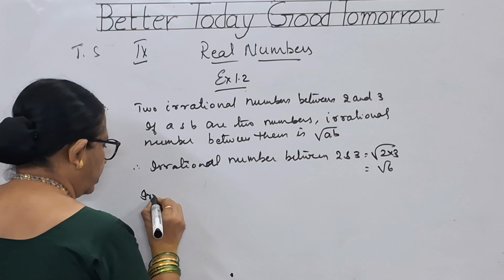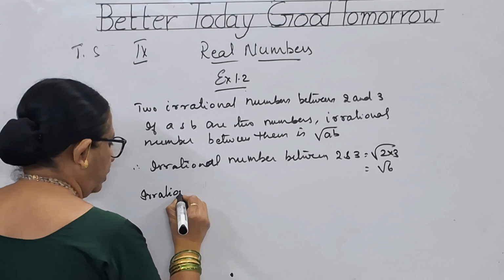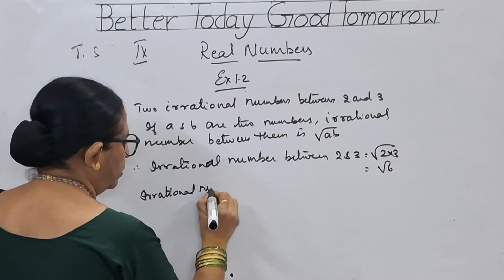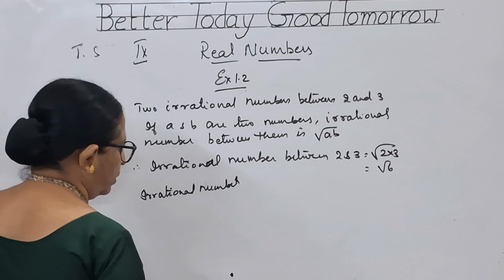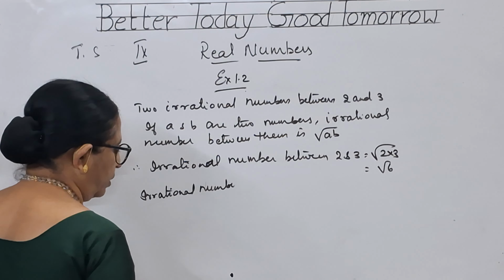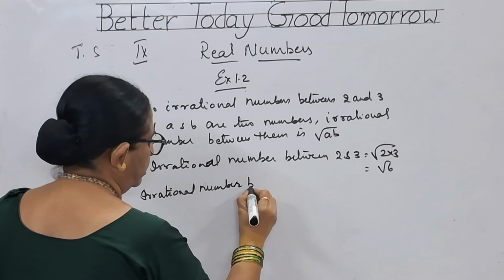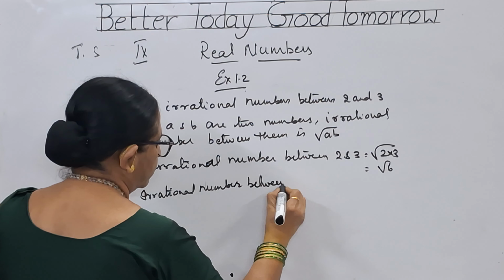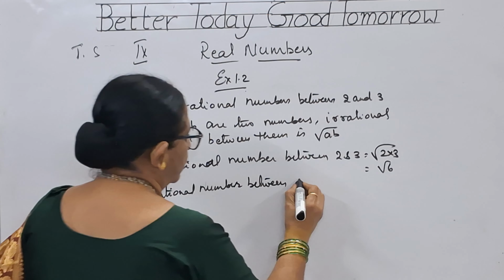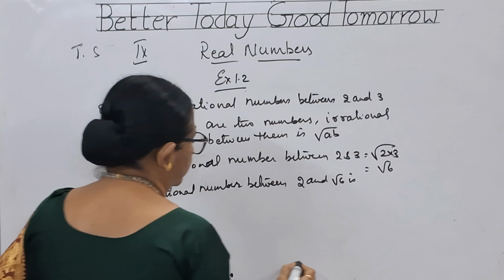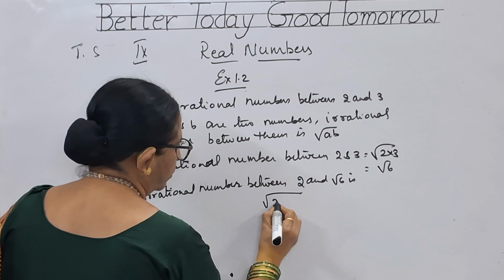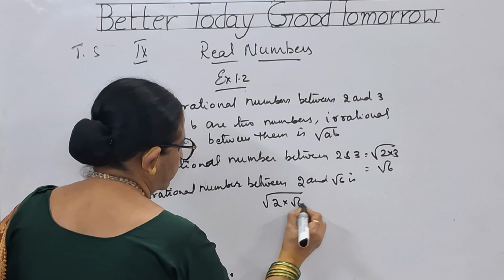So you go for irrational number between 2 and root 6, which is root of 2 into root 6.